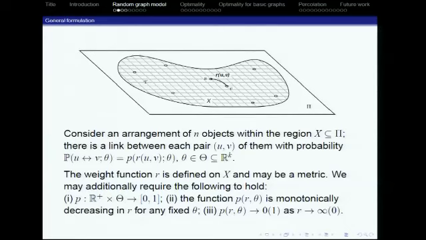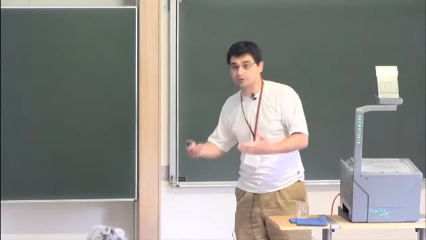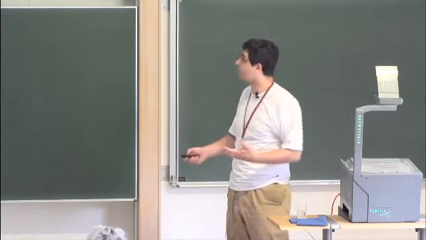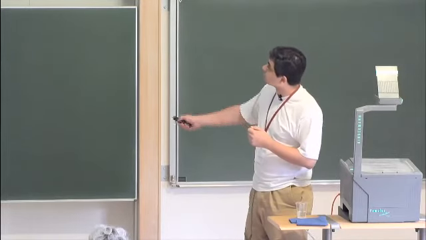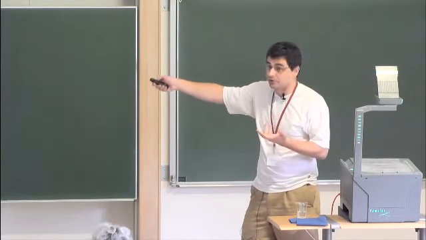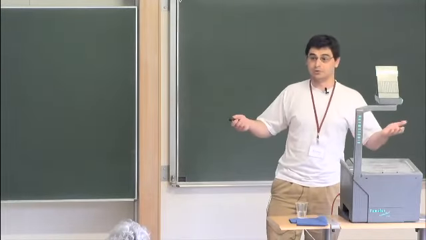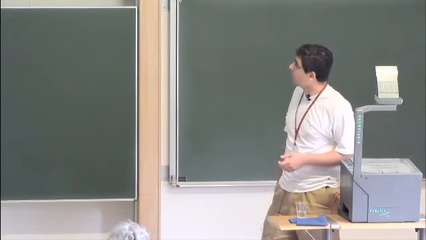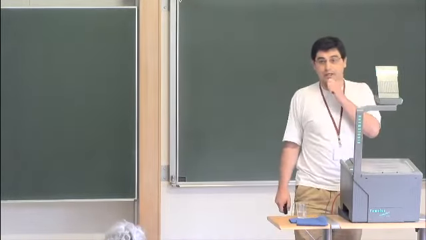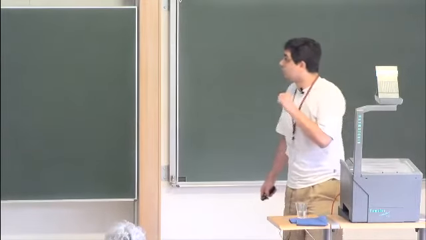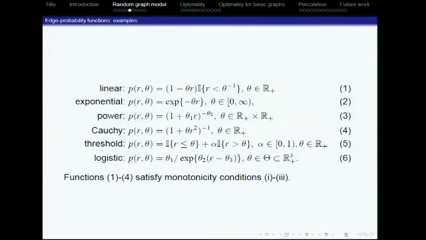Okay, so X can be a continuum, it can also be discrete, and also there will be some topology structure of interactions given. So in the case of a square grid, there might be 4 nearest neighbor interaction, there might be 8 nearest neighbor interaction, there might be long range interaction. So, examples of the edge probability functions. Linear decay, well, clearly it cannot decay indefinitely.